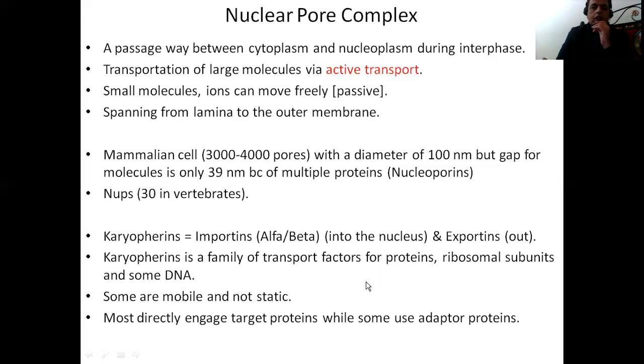You can find these proteins in different parts of this tunnel or pore that they make, on the cytoplasmic side. Sometimes they are on the nuclear side. Sometimes they are in the intermembrane space. So you can find them at different places, and they do different jobs at different spots.